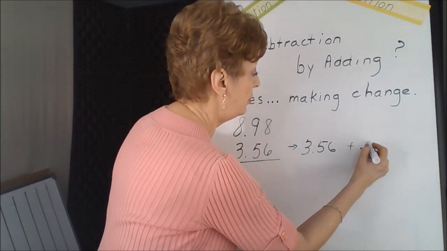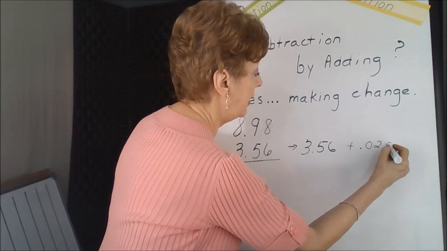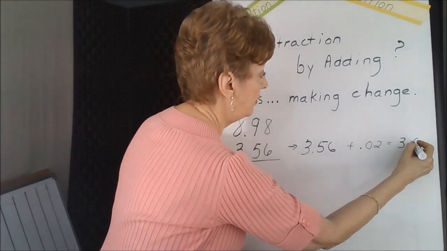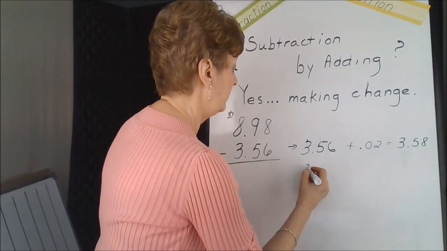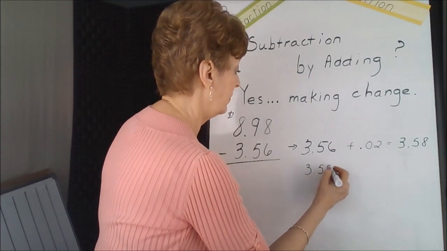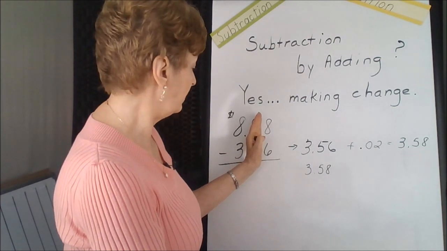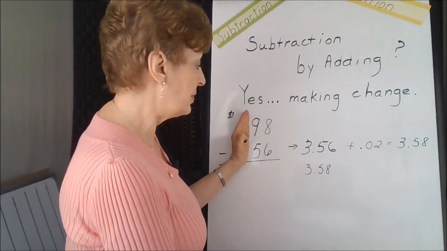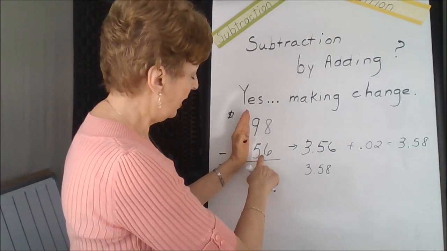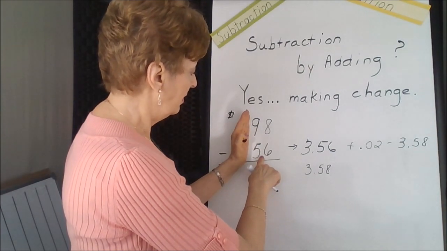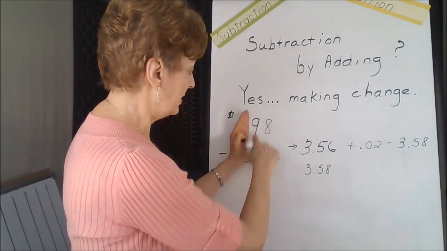So let's add 2 pennies to this and get $3.58. I've just neutralized the ones column. Coming to the next position, how do I make 50 into a 90? Because these are the tens columns.